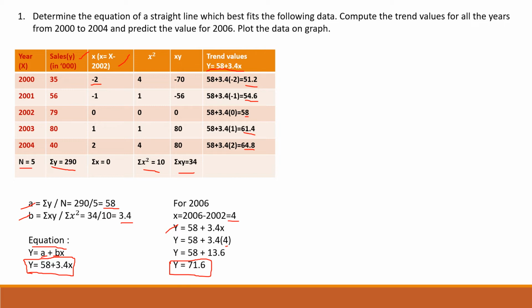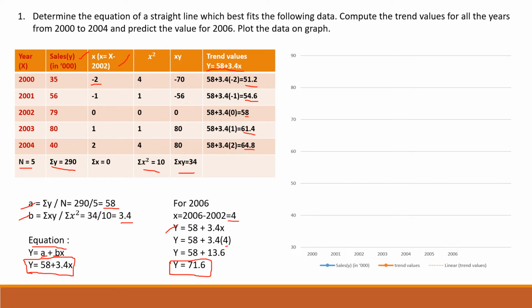Next they asked us to do the graph. So next we have to do the graph. Same as before, the x-axis represents the year and the y-axis represents the sales. In the x-axis the scale is 1 centimeter equals 1 year, and in the y-axis the scale is 1 centimeter equals 10,000 sales.